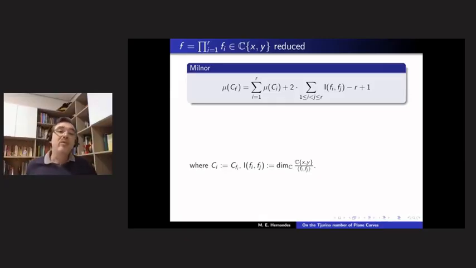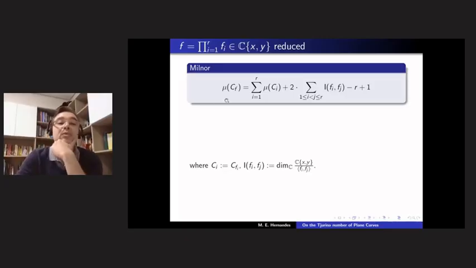Very well known is the Milnor formula for the Milnor number, which relates the Milnor number of the curve CF and the Milnor number of each branch: the sum of the Milnor numbers of each irreducible component, plus 2 times the sum of the intersection multiplicities between the branches, minus the number of branches plus 1.